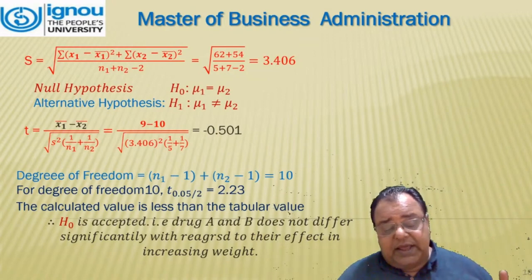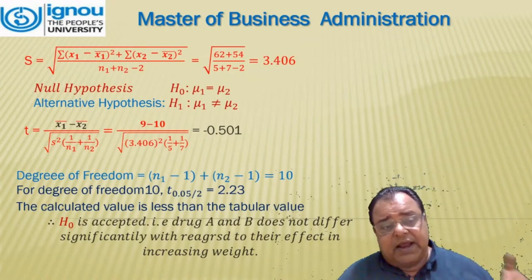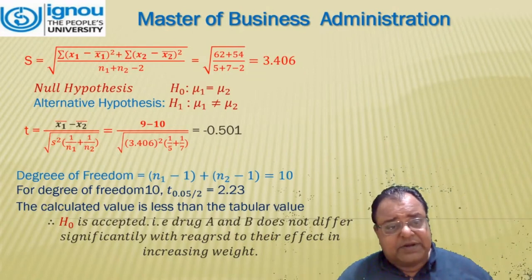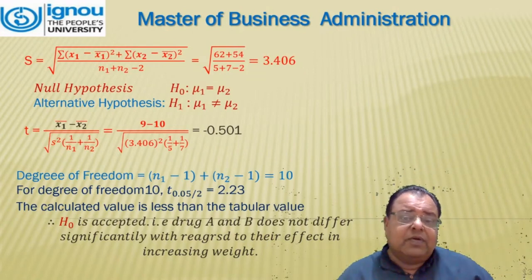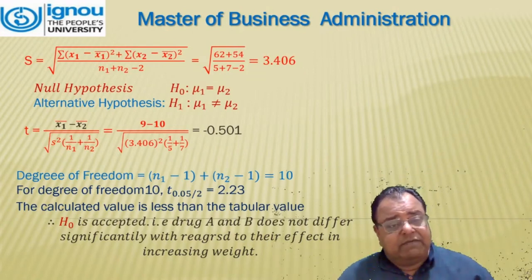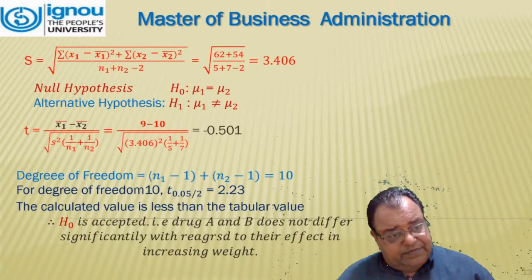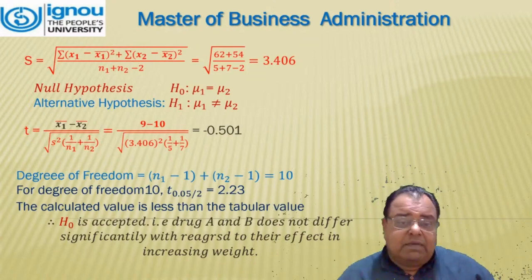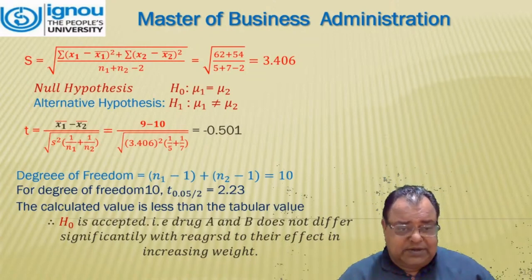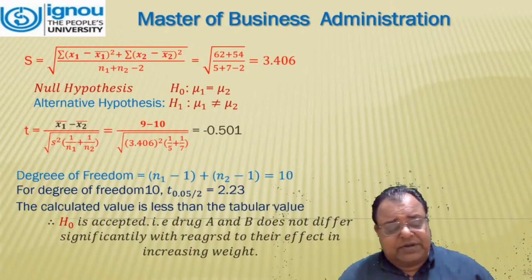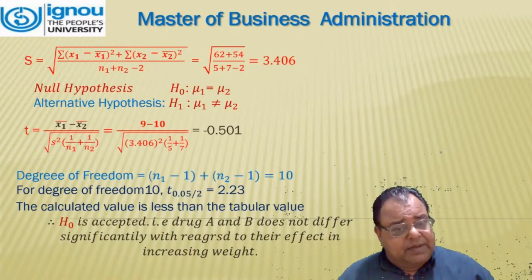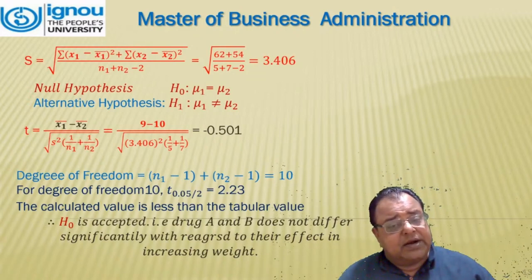For drug A there are 5 patients and for drug B there are 7 patients. That means n1 is 5 and n2 is 7. After calculating this, we get 3.406.